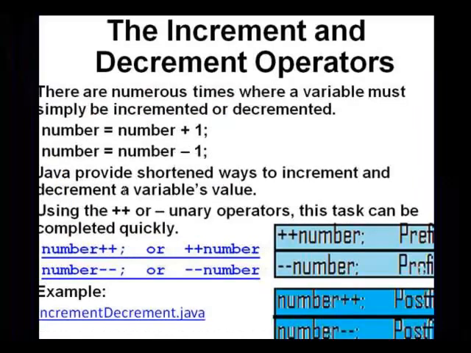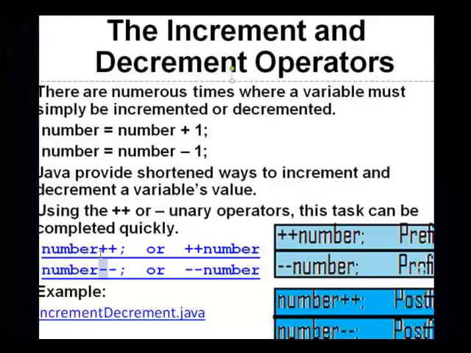In the same way, we can say that number plus 1 assigned to number, or number minus 1 assigned to number, is similar to saying number++ or number--. Now there are two more new operators in this format that I can use: the increment operator and the decrement operator, ++number and --number, which is the prefix, in contrast to number++ which is postfix.